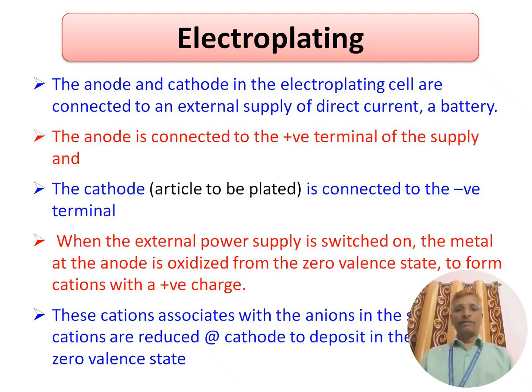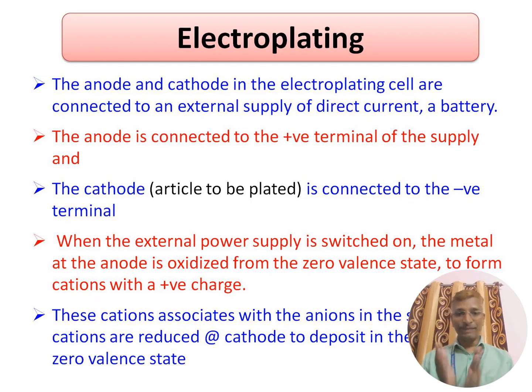So what is the anode? The anode is connected to the positive terminal of the supply. The cathode is nothing but the article to be plated, that means the base metal. So the cathode is the base metal, and the anode is the coating material. The coating material is connected to the positive terminal, and the base metal is connected to the negative terminal. Now the external power supply is switched on.